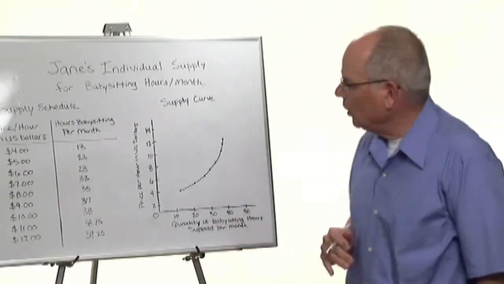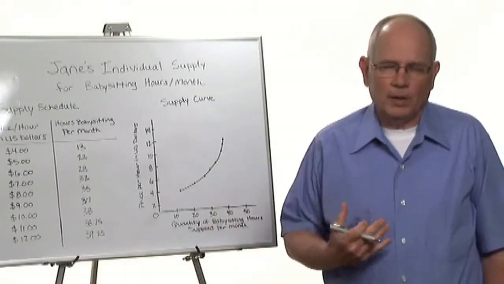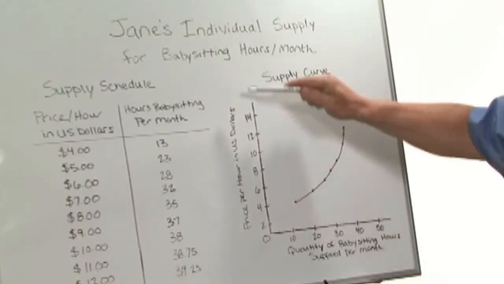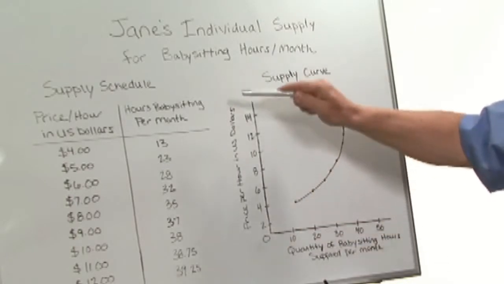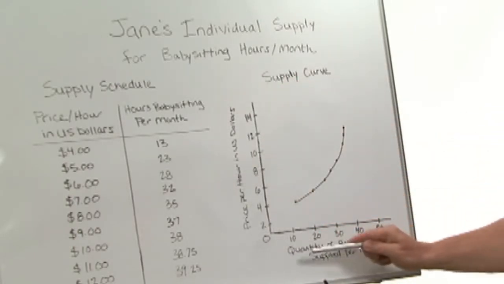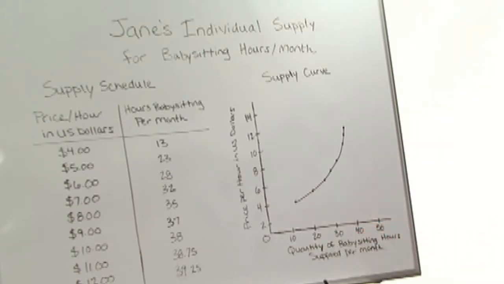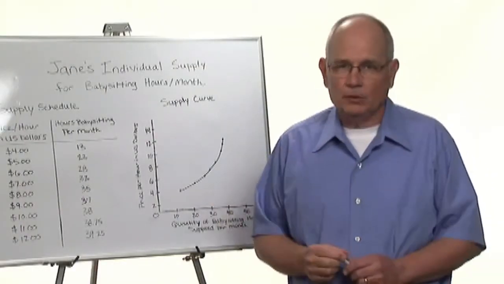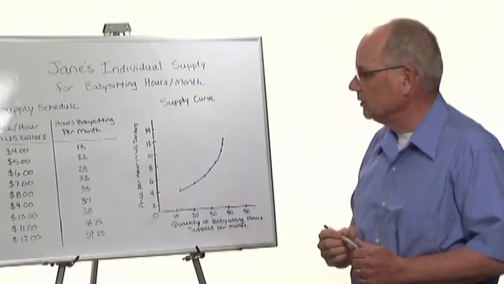Now it's important to know that it's customary whenever you plot a supply curve that you have the price on the vertical axis and the quantity over a period of time on the horizontal axis. And you'll see that in all of the supply and demand curves that are graphed in economics.